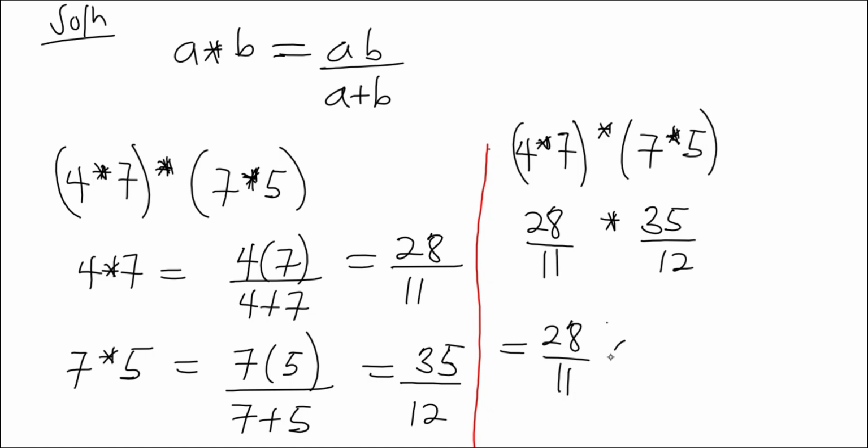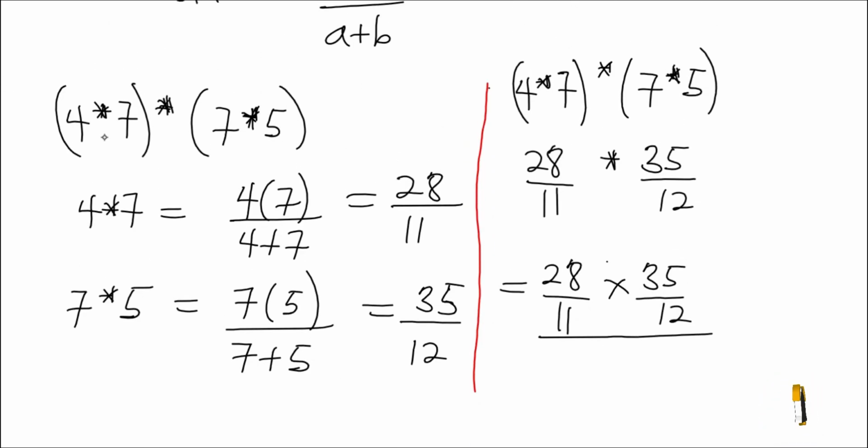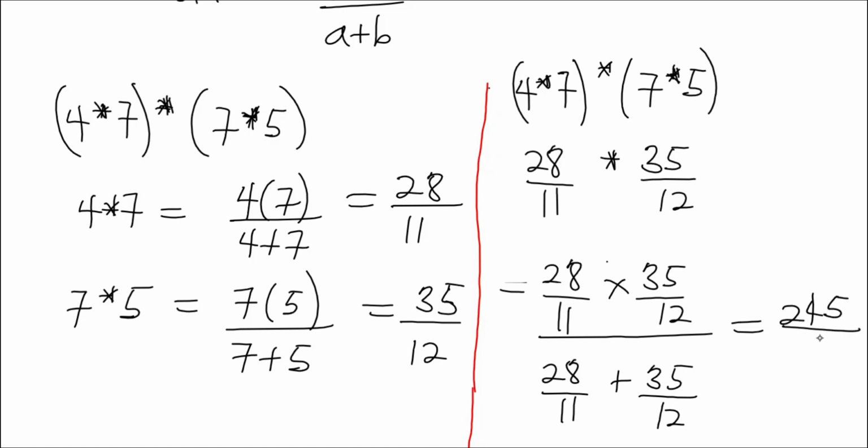multiplied by 35 out of 12, all divided by 28 out of 11 plus 35 out of 12. Here, when we multiply 28 on 11 by 35 on 12, we are going to have 245 divided by 33, all divided by 28 on 11 plus 35 on 12.